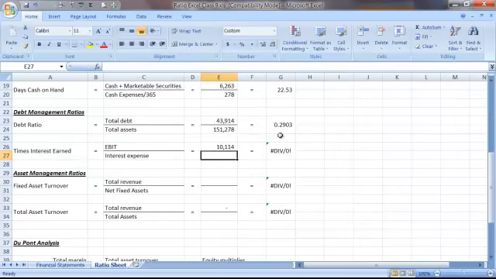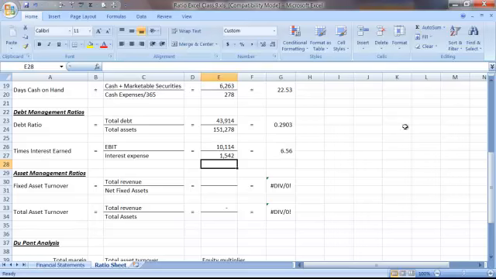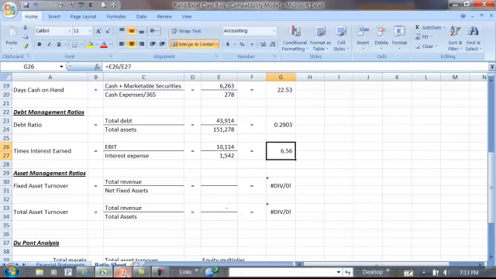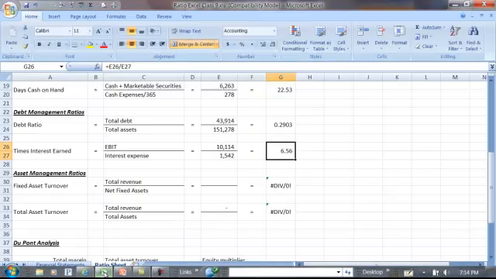And then, again, divide that by the interest expense. Same interest expense we have here. And 6.56. Let's see if we calculated that correctly. 6.56 rounded to 6.6. So yes, we did. Go back to our calculation.